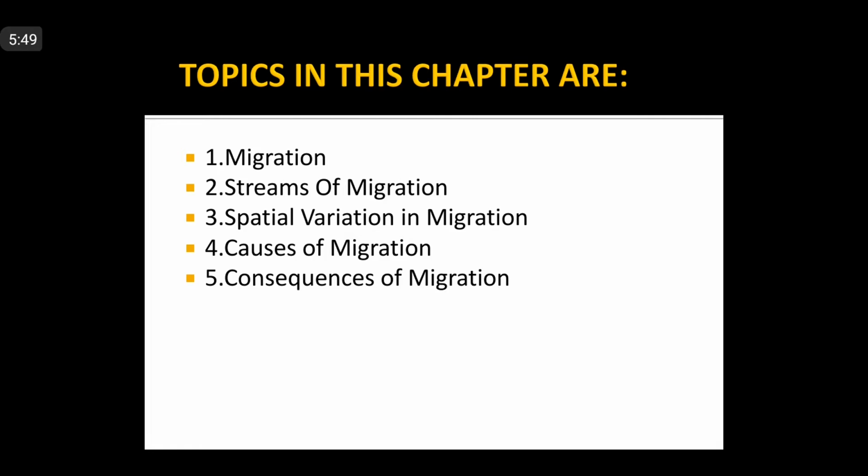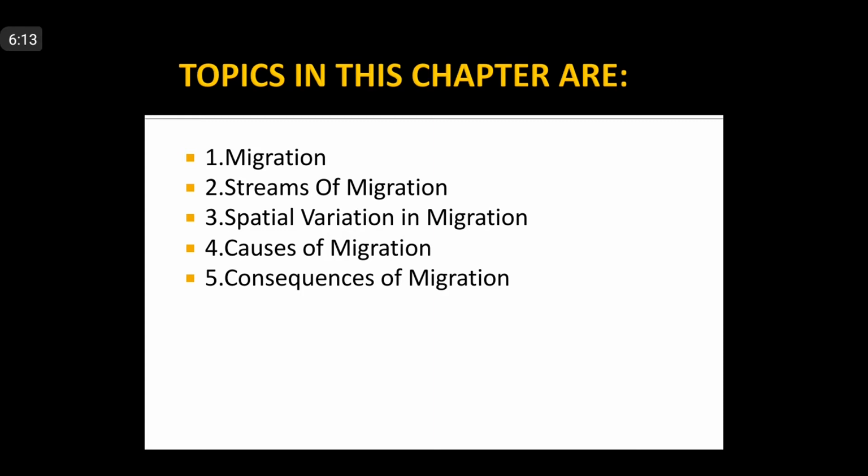Got it? These are the factors which urge people to leave their place of residence where they are living. There are certain conditions, certain situations, certain factors on the basis of which people leave, or those situations and factors compel people to leave.